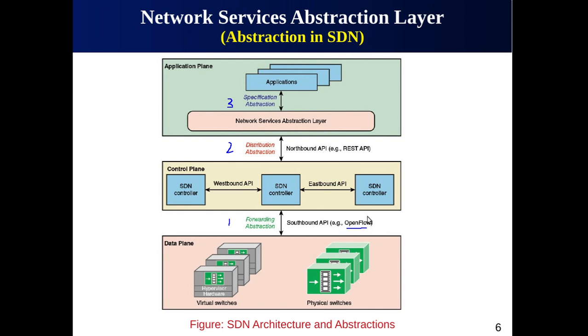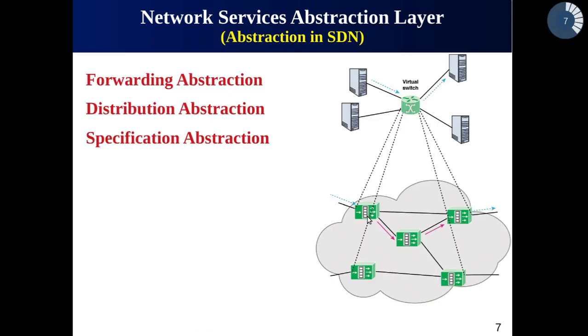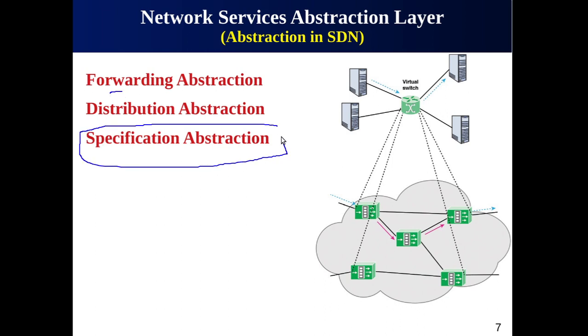Let us see another example of abstraction in SDN. This figure focuses on the specification abstraction. We studied 3 types of abstraction, and this one focuses on the specification abstraction. At the data layer, we have different switches.